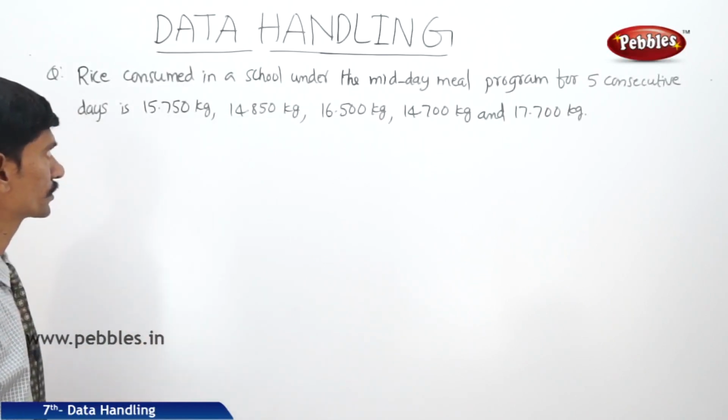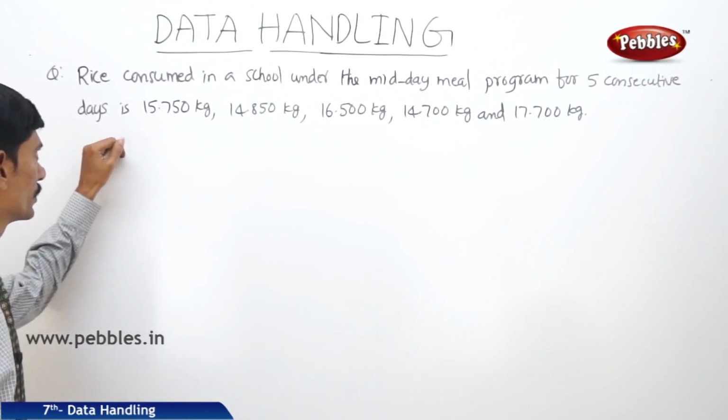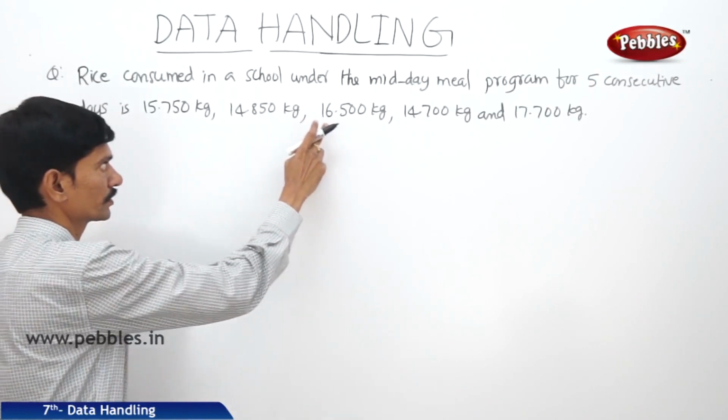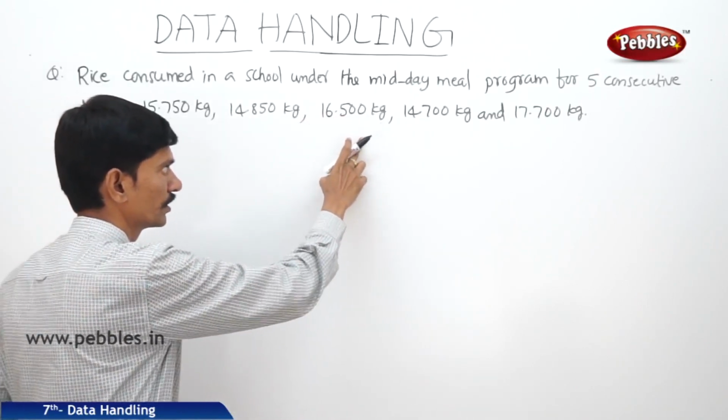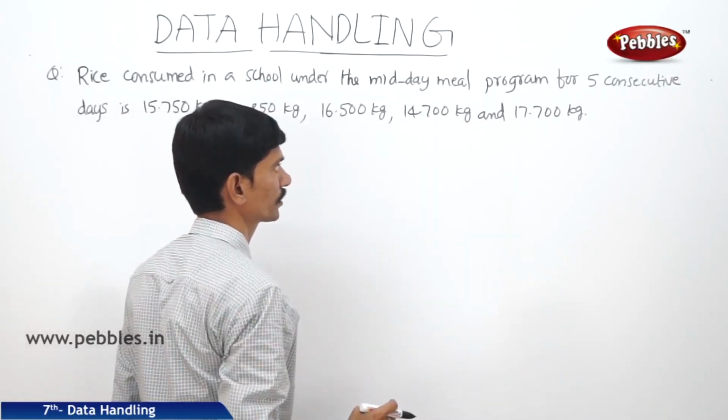Rice consumed in a school under the midday meal program for 5 consecutive days is 15.750 kilograms, 14.850 kilograms, 16.500 kilograms, 14.700 kilograms, and 17.700 kilograms.